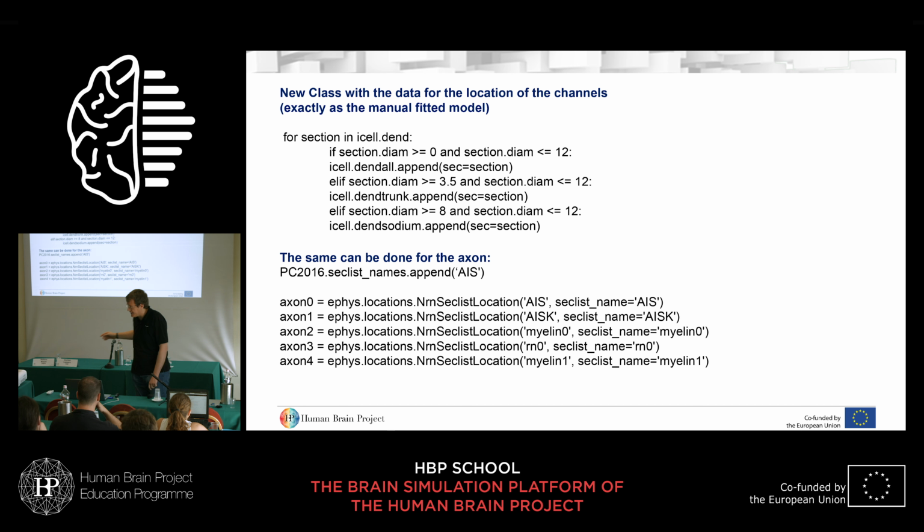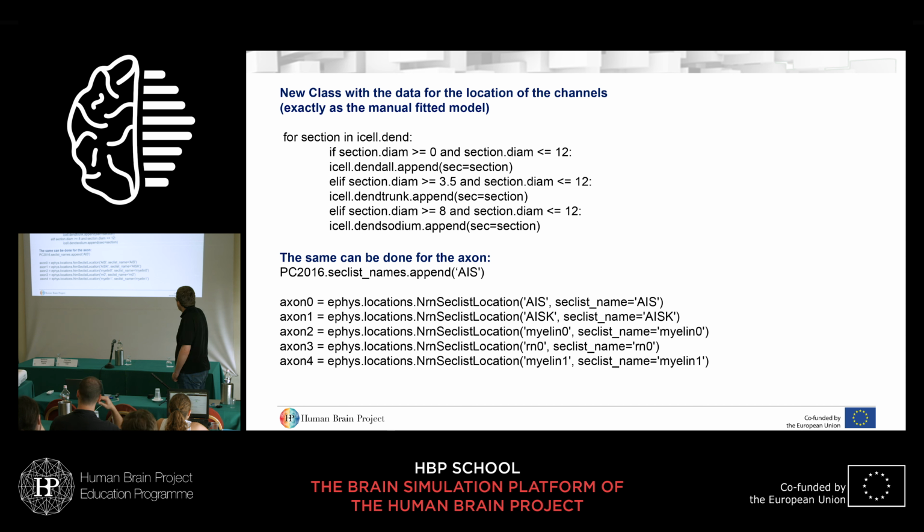And in the previous class, one has to define the moment when you create the section list. So for example, in my case, I have access to isCell.dend, which is the list that contains all the sections. And from there, I define simply, if the diameters are between 0 and 12, I do an append to the section list that contains all the sections. If it's between 2 other ranges, I add only those specific sections to that specific section list.